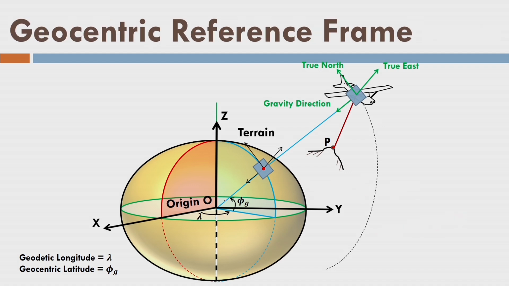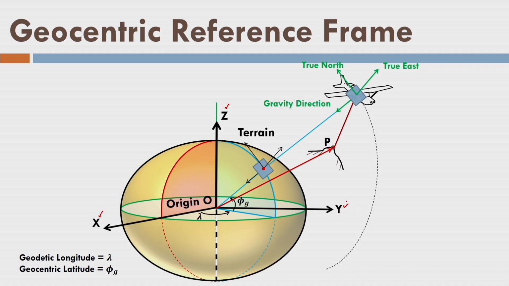Now define the geocentric reference frame. In case of the geocentric reference frame, we have the ITRF or International Terrestrial Reference Frame, that is rotation axis Z, this is the X axis and this is the Y axis, and this is the International Terrestrial Reference Frame. And now we want to find out the coordinate of point P, which is XP, YP, ZP, in this reference frame using information obtained by the laser pulse.